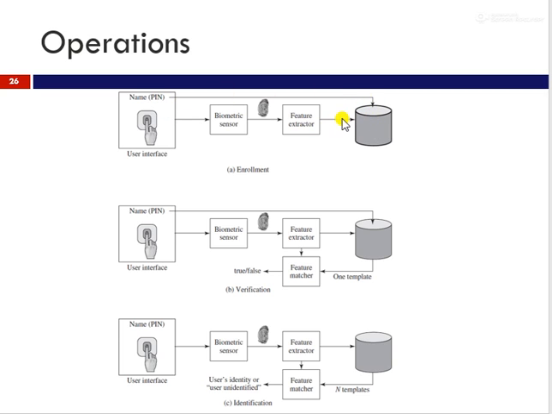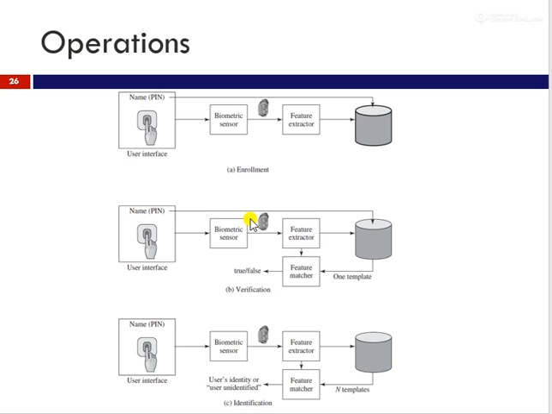This biometric template is not the image of your fingerprint; it will be some numeric string, in the form of some numbers, that will be stored in the database along with the name. So this is the enrollment phase. The enrollment phase is required for either verification or identification. You first need to register or enroll your users.